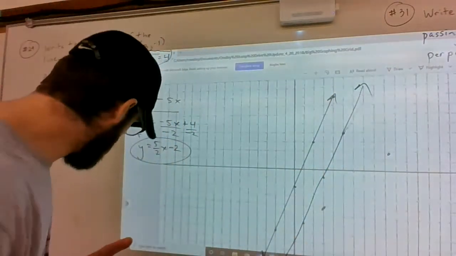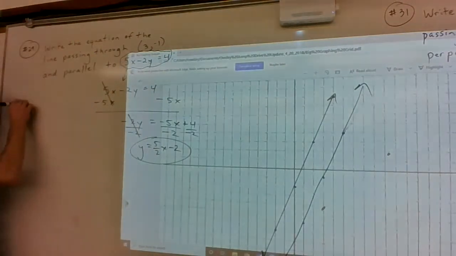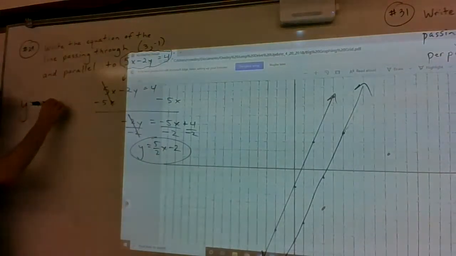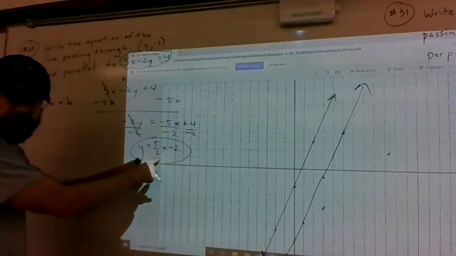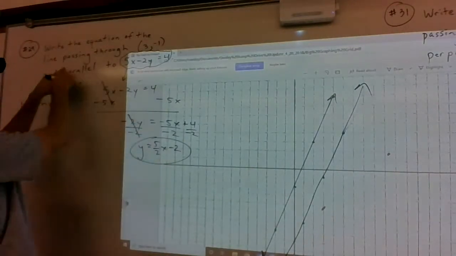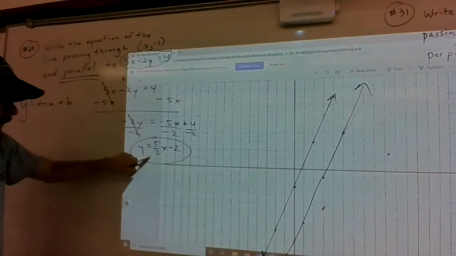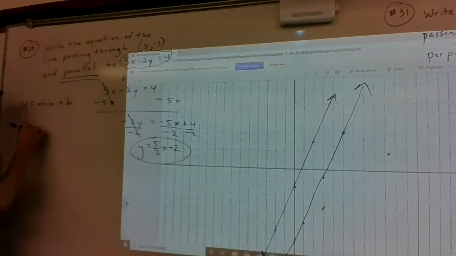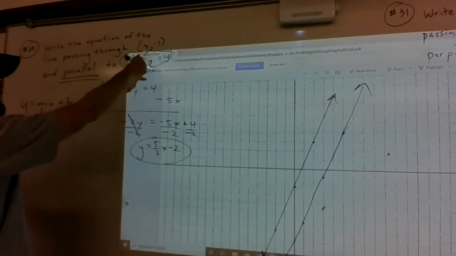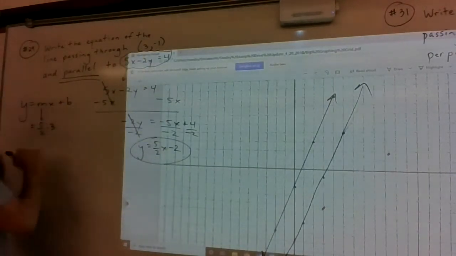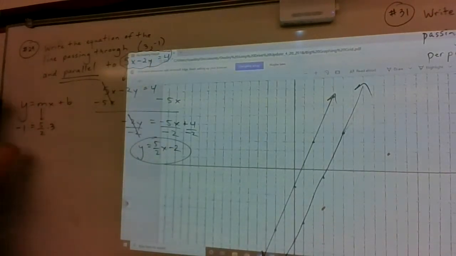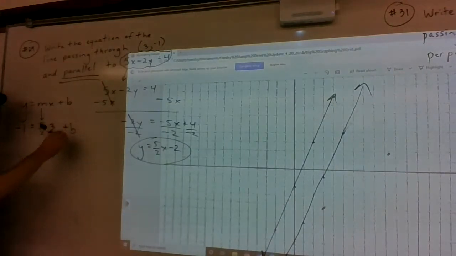What I'm going to do is write the equation of this line. I know the slope is 5/2 because it's parallel to that line, which means they have the same slope. So this is for sure 5/2. We also know that it goes through x = 3 and y = -1. We don't need the graph to figure out what our b value is.